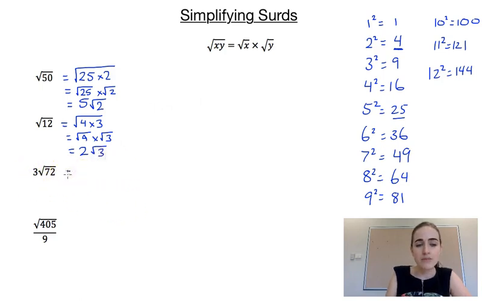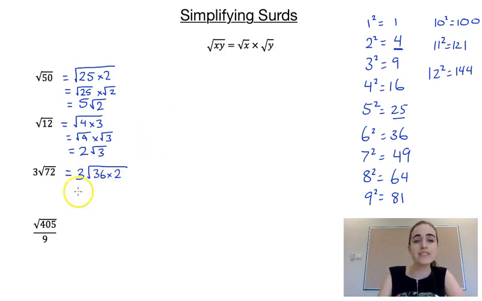Now this one, same sort of process, but we've got this number hanging out the front that we just need to be careful of as well. So that's 72. We're going to break that into 36 times 2. And the more you do of these, the better you get at recognizing which of these square numbers will be factors here. But you can just go through and test them.